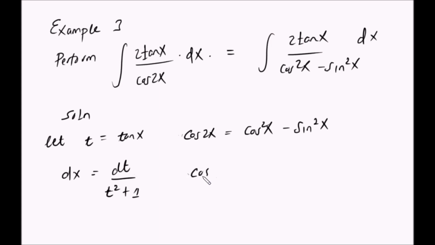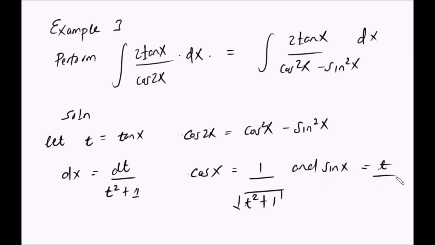So it's simple. Cos x, we said, is just 1 over the square root of t squared plus 1. And sine x is just t over the square root of t squared plus 1. So like this, hizi sasa tan x, cos x, sin x na dx tunaziingiza hapa.